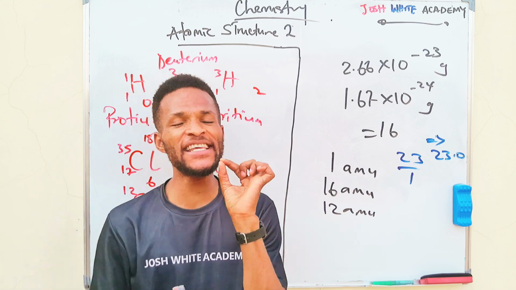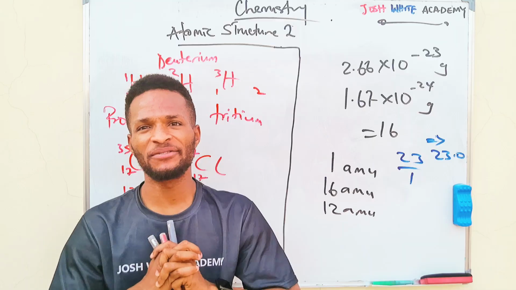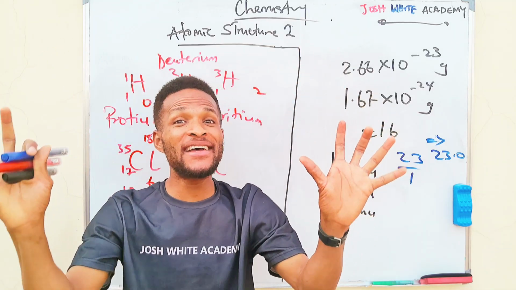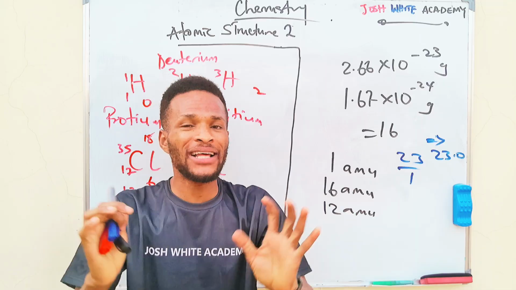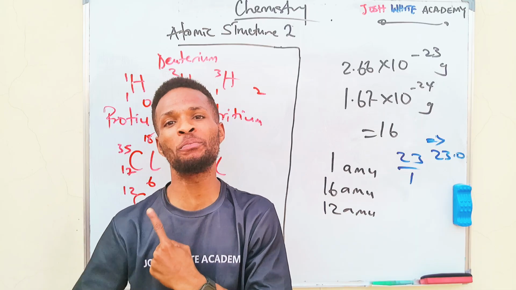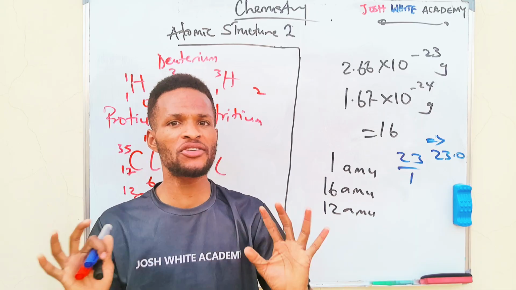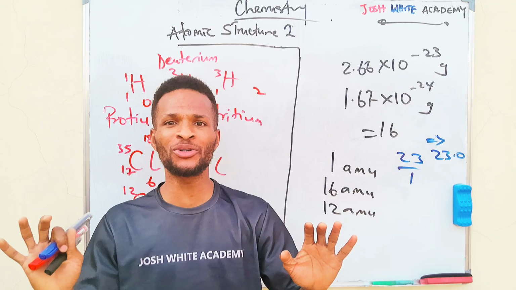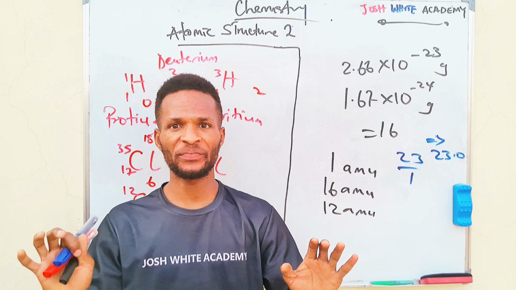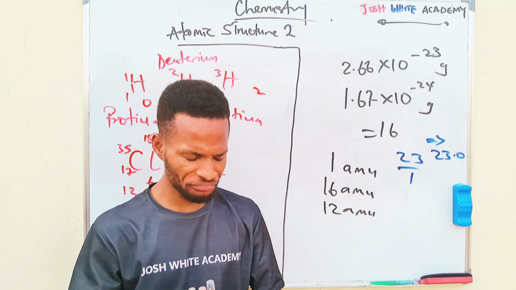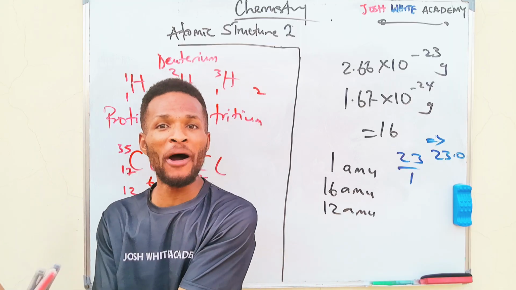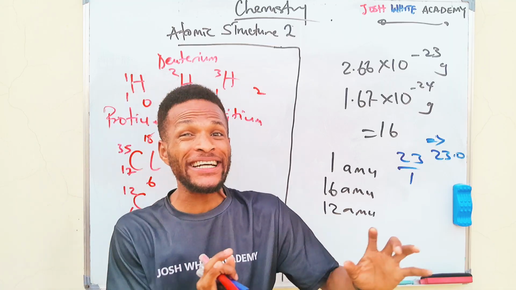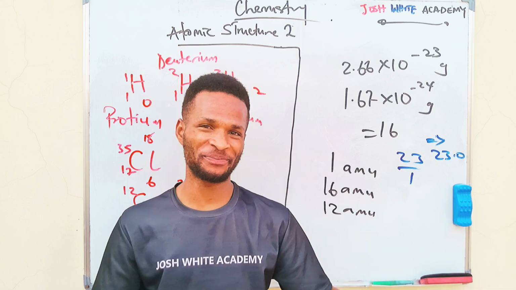Now, it's expedient to take note that not all elements in the periodic table undergo this phenomenon called isotopy. For instance, sodium does not undergo isotopy. And that's the reason why the mass number of sodium is the same as the relative atomic mass of sodium.